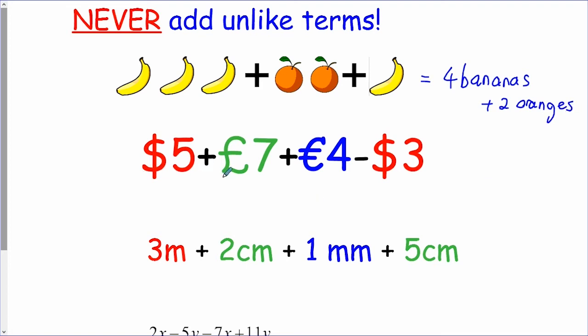All right. Here we've got a similar problem with some money. You can't start adding dollars to pounds to euros. All we could do here is combine the $5 and the minus $3, and we could change that to $2 plus 7 pounds plus 4 euros.